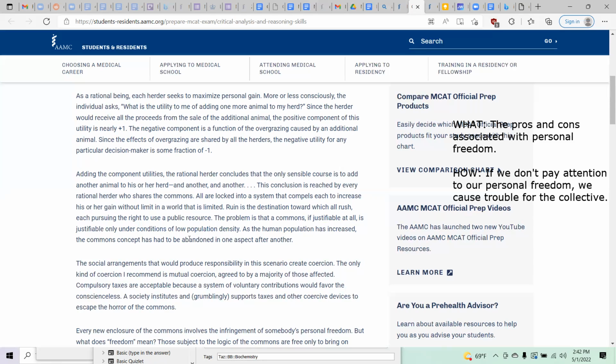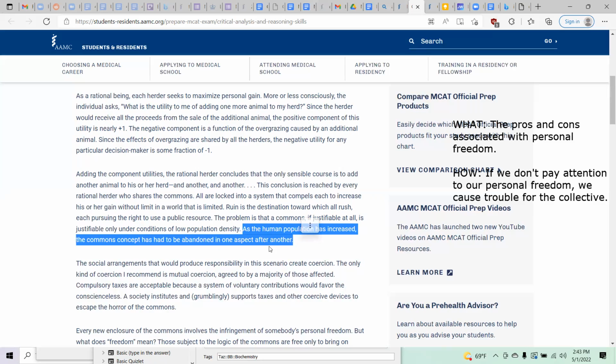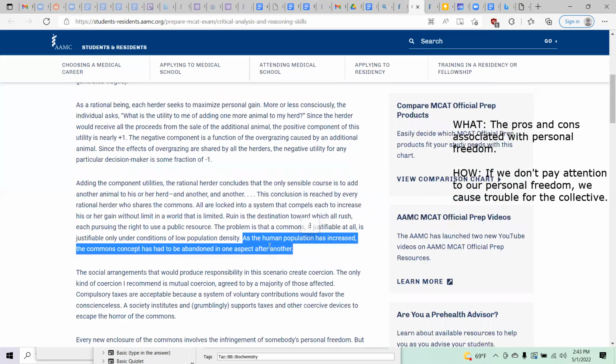And finally, the last thing I would say is has had to be abandoned. This is finally him no longer teasing, right? He's just saying, this is what I believe. As the human population has increased, we have to abandon the commons concept. Boom, he told you what you want to hear. Now, if the question had said, tell me what the author believes, you would have an incredibly hard time finding this sentence, because it doesn't say anywhere, what I believe is this, right?